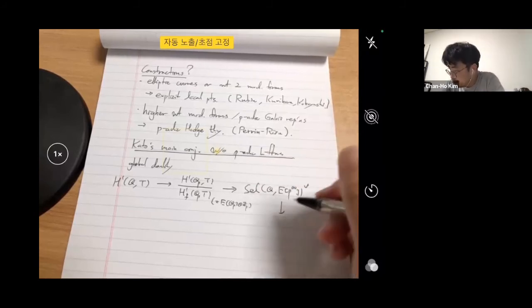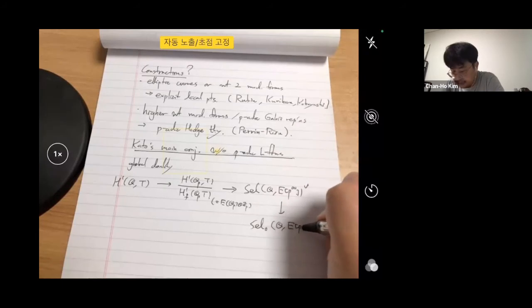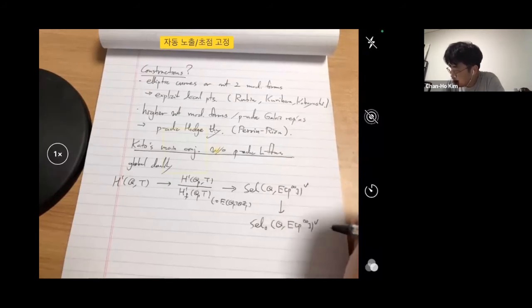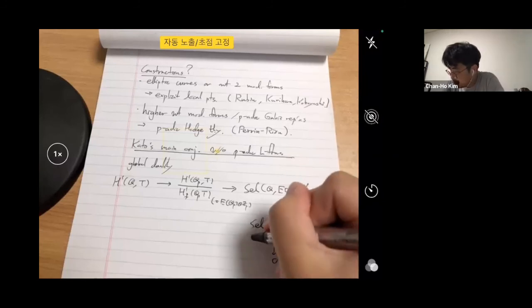And it also goes to the P-strict Selmer groups, also called the fine Selmer groups. So this notation means P-strict.